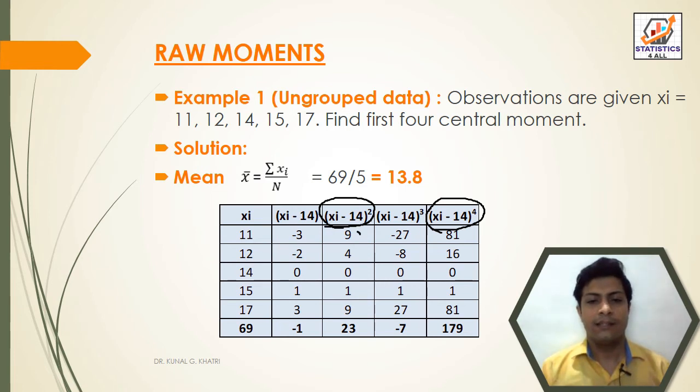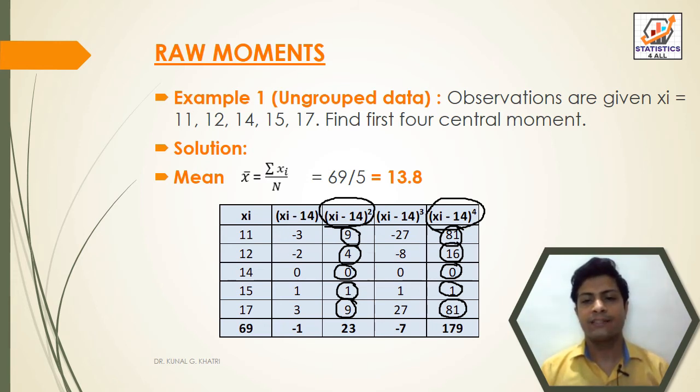That is 9 square, that is equal to 81, 4 square, that is equal to 16, 0, 0, 1 square, that is 1, 9 square, that is equal to 81. So after squaring this, we have to take the sum of (xi minus 14) raised to power 4, we get value 179.